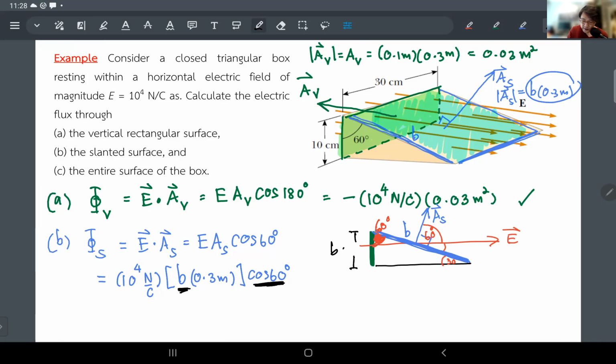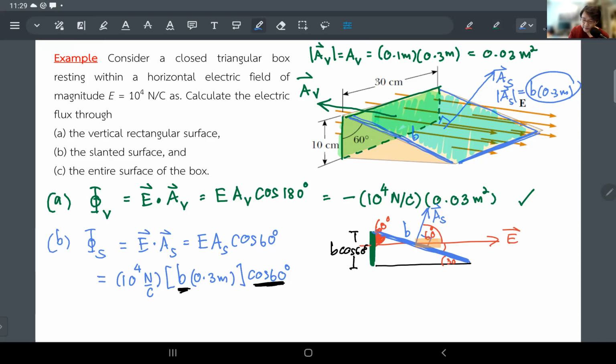You guys with me? Yes. Okay. B cosine 60 is just the height. Why is it the height? It's because this area over here is the component of the slanted surface that is perpendicular to the E, or speaking in terms of the vector, A sub S, when you do the cosine 60, will give you this component right here.